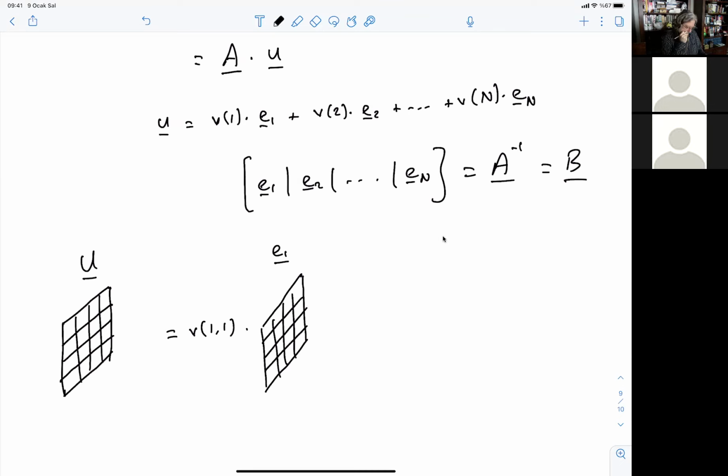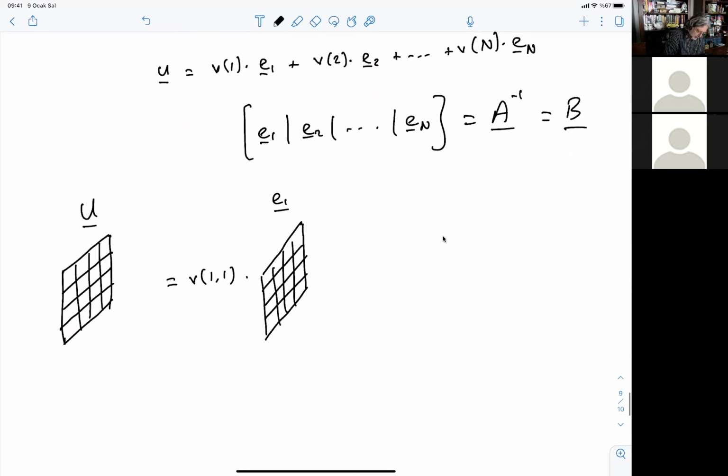Okay. So it's not a vector as we did before. It's a basis image. E1 is a basis image.